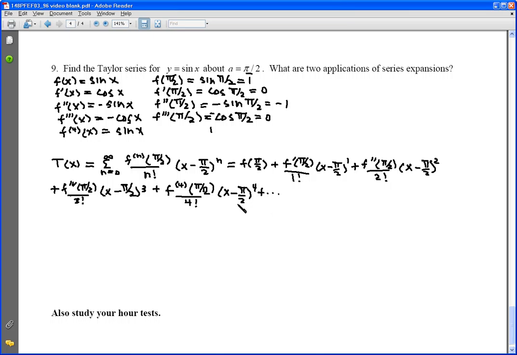Okay, and then our pattern of coefficients is 1, 0, negative 1, 0. So this is a 1, this is a 0, this is a negative 1, this is a 0, and then it starts again. So this is going to start out as a 1. The odd power term is going to drop out, minus 1 over 2 factorial, and (x minus pi over 2) squared.